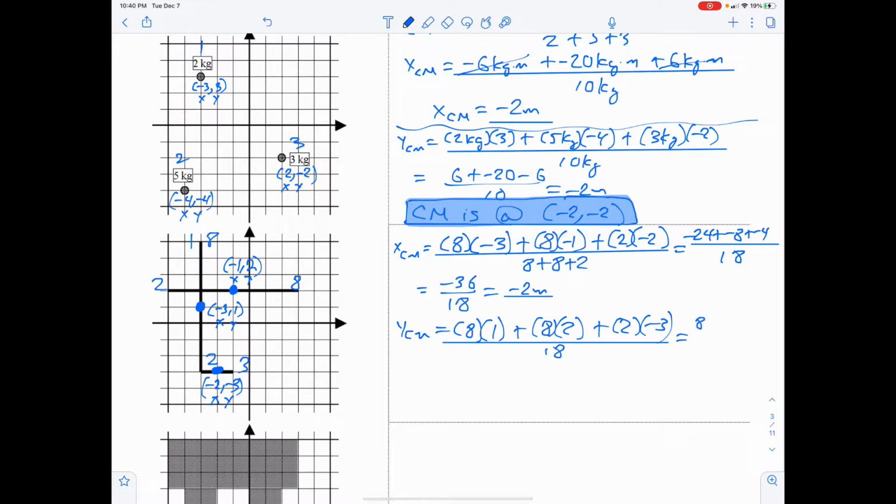And we're going to go 8 plus 16 plus a negative 6 over 18. That would be 18 over 18, or 1 meter. So center of mass, in this case, is at the location of negative 2, 1.